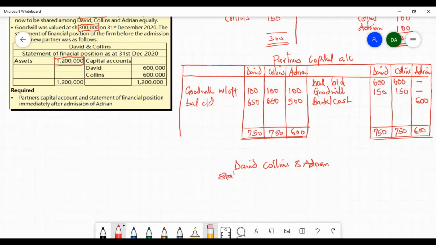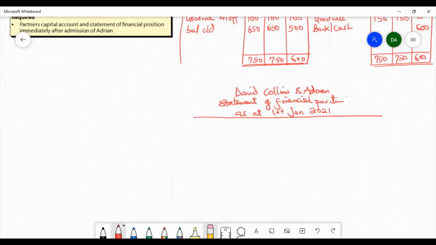Statement of financial position as at 1st January 2021. That is immediately after admission of Adrian, because Adrian was admitted on 1st January 2021.